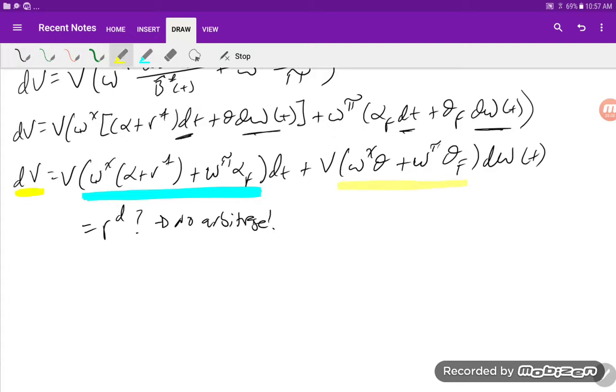Furthermore, we have this term attached to the Wiener process. What should this be? This should be equal to 0. Why? We're trying to form the portfolio with no risk.